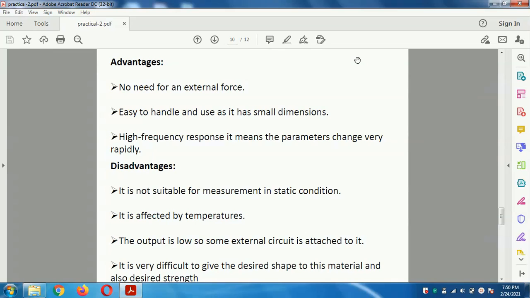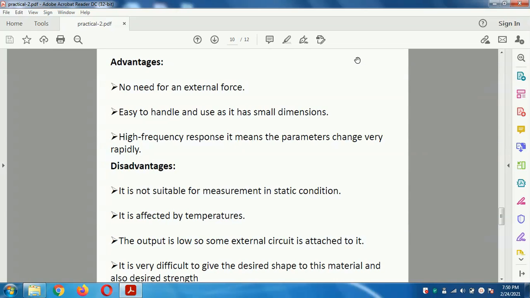The advantages of the piezoelectric transducer are that there is no need for an external force, it is easy to handle, it can be used in small dimensions, and it has a high frequency response, which means it responds when a parameter changes very rapidly.